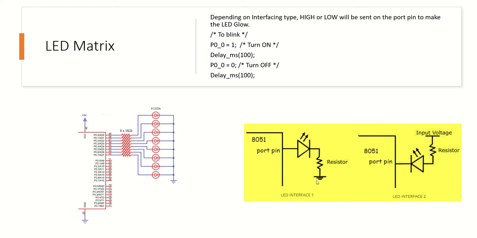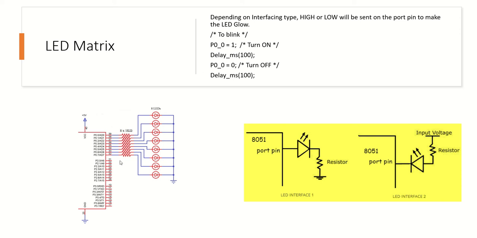In the other option, the cathode is connected to the controller and the high voltage is provided from outside through the resistor. In that case we need an output of 0, and then the LED will glow. So this is the way by which we can glow the LED.